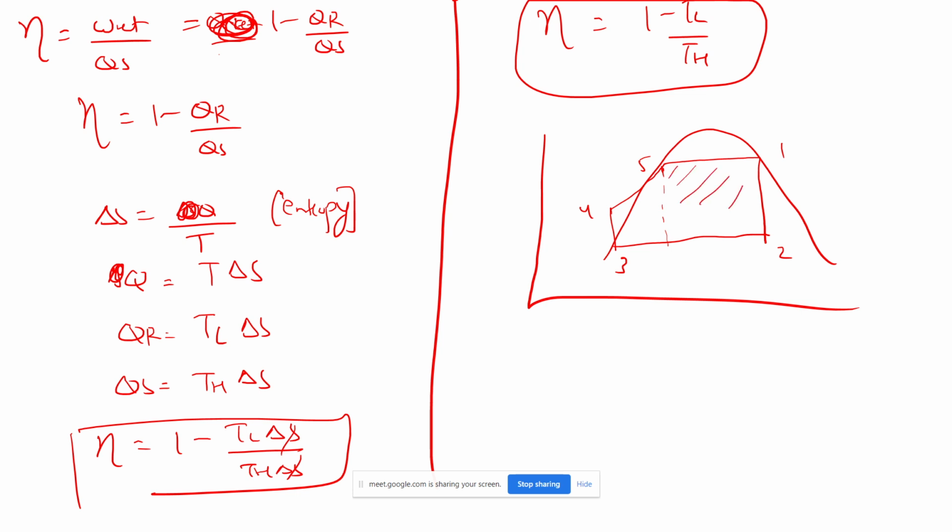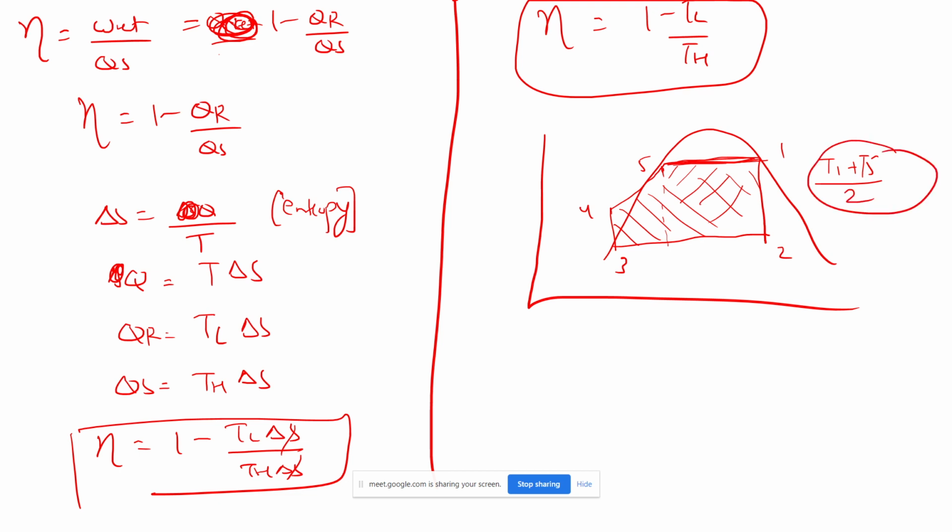Carnot cycle, because in the Carnot cycle the mean temperature of heat addition is higher. What is mean temperature? T1 plus T5 divided by 2.